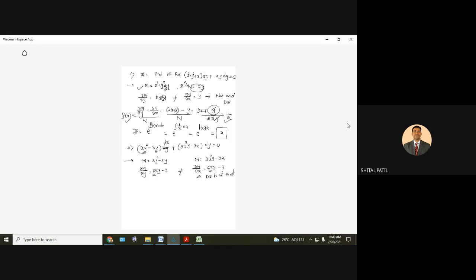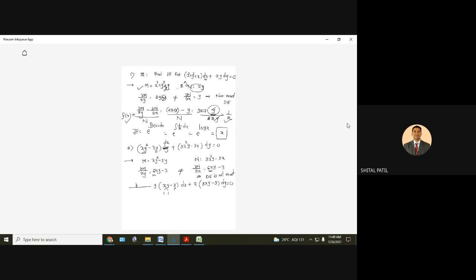If I take y common, see what is remaining: xy minus 3 dx plus, let me take x common, 3xy minus 3 dy equal to 0. So see, degree of x and y is 1, 1 here.